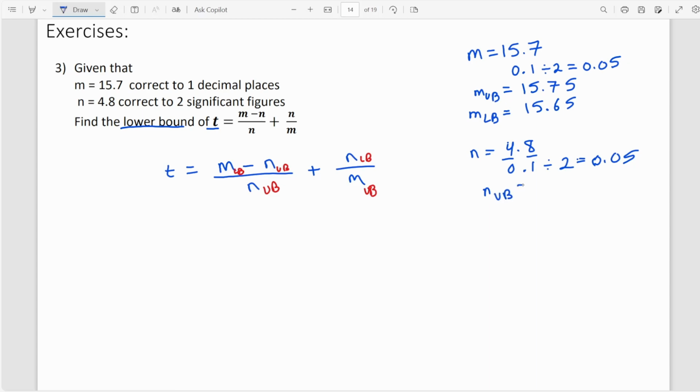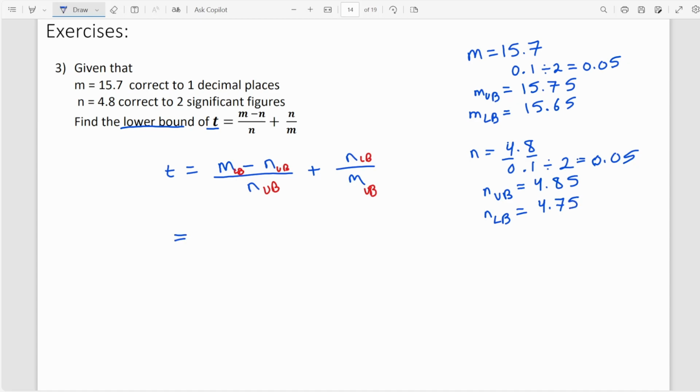Okay, so n upper bound is 4.85 and n lower bound is 4.75. Now let's go ahead and substitute.